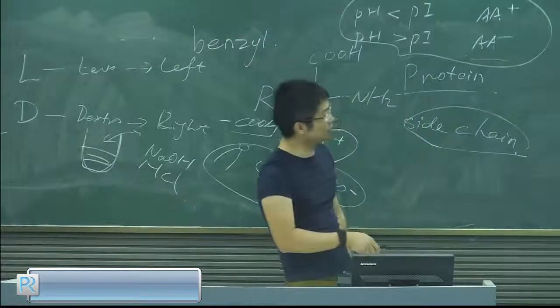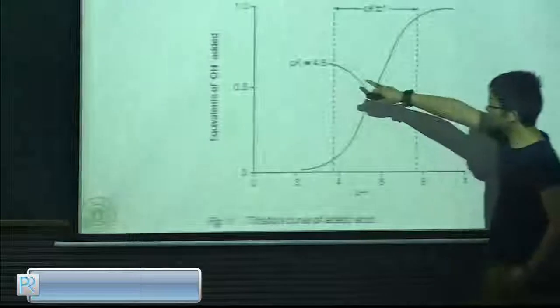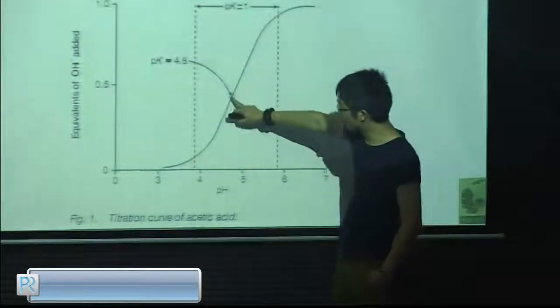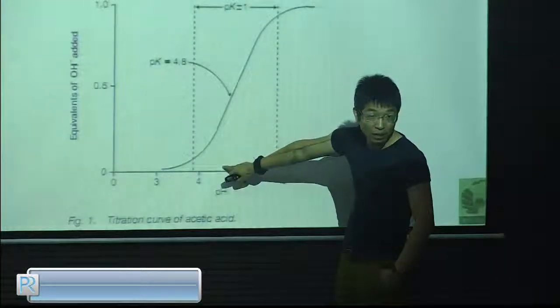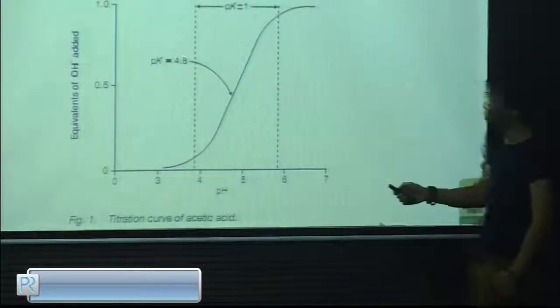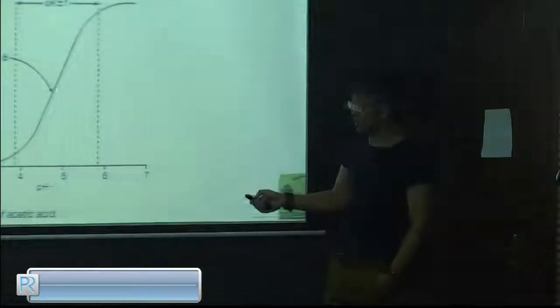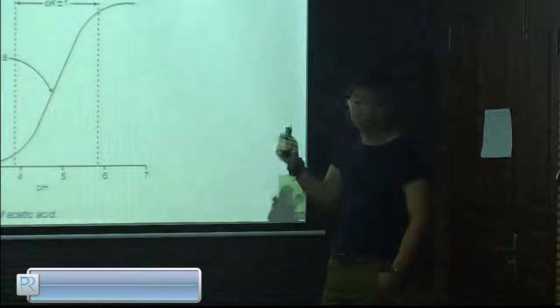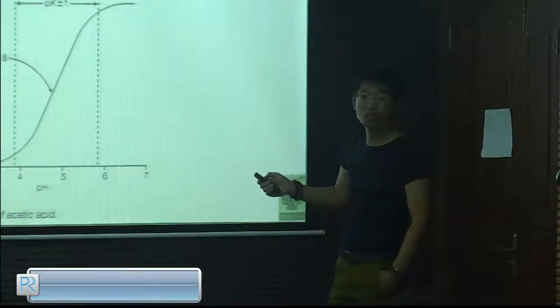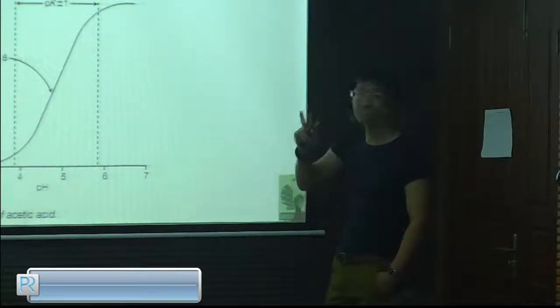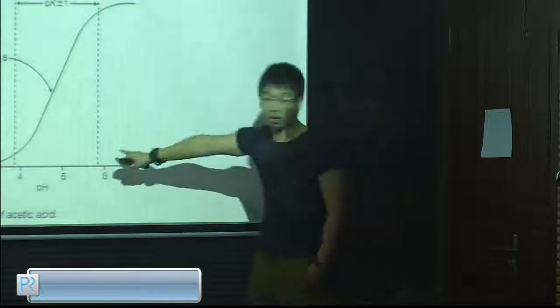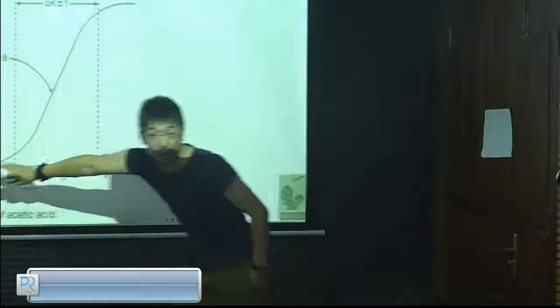You can see from this figure, here is the pK equal to 4.8. It's just like the pI value, right? If the pI value equals 4.8, it will resist the change in two different forms. One is increase, another one is decrease, right?